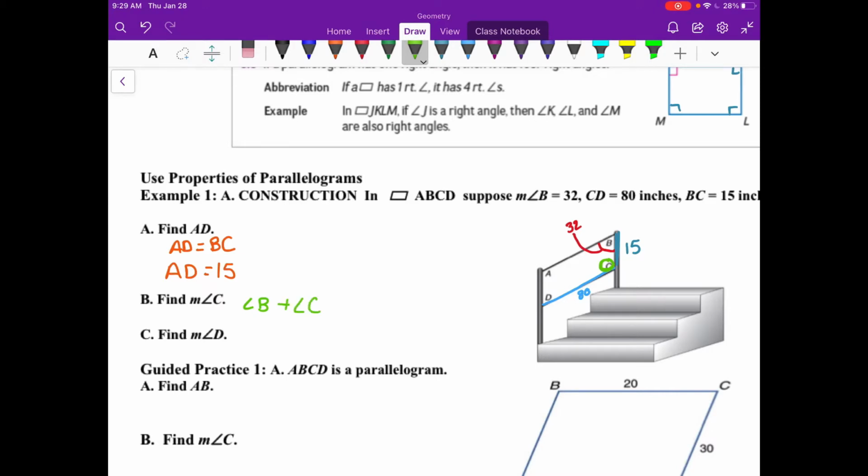So angle B plus angle C has to equal 180. And angle B is 32, so 32 plus C equals 180. I'm going to subtract 32 from both sides. So I get C equals 180 minus 32, which is 148.